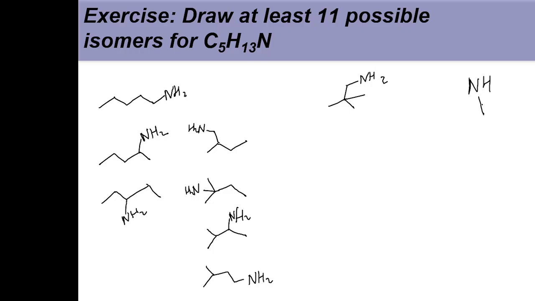If one methyl group is attached to nitrogen, then your base chain will not be C5 anymore. It's going to be only C4. So when you have C4, you have the possibility of 4 carbons in a row, or you can have 4 carbons forming a branch. Now, when you have 4 carbons in a row, you can have the amine with a methyl group.